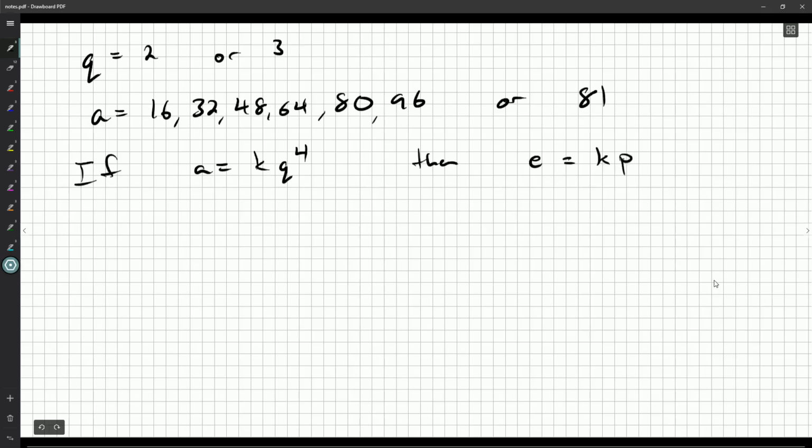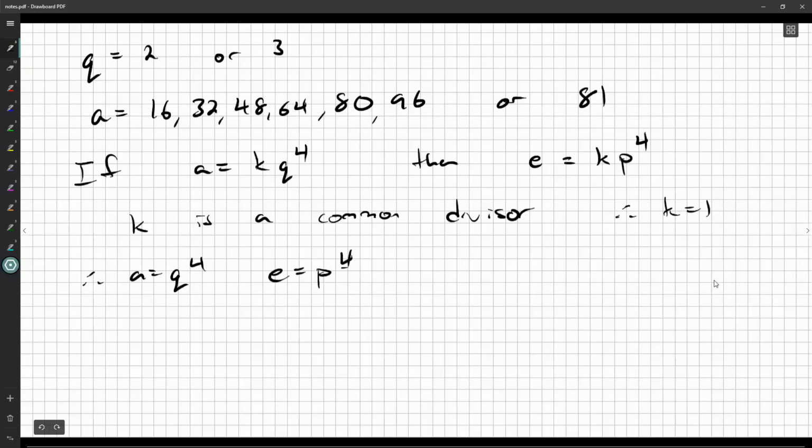You'll get k left, and then you get p to the 4. k is a common divisor. But they said the greatest common divisor of A and E is 1. So k is 1. Therefore, A is q to the 4, and E is p to the 4, and A is less than E.